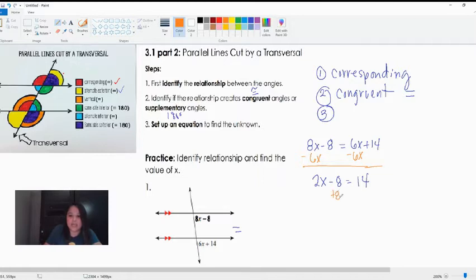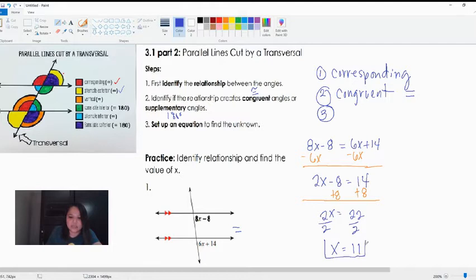Solve by adding 8 to both sides, adding the constant, and we get 2x is equal to 22. And last step is to divide by 2. So that means x is equal to 11. So that means that this unknown x here is 11.